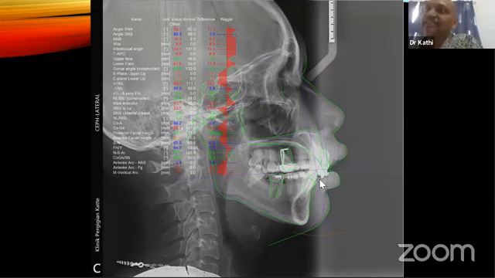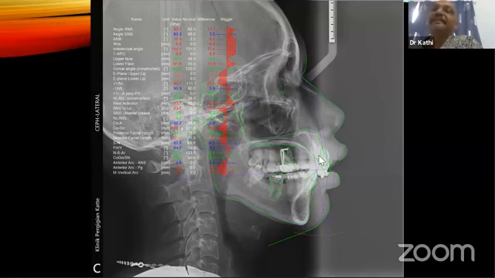And also the bite has deepened, because the treatment mechanics that were used have overpowered the torque that is inbuilt in the bracket. So we can do that. We can overpower and do it, but it has the consequence of more damage than camouflaging.